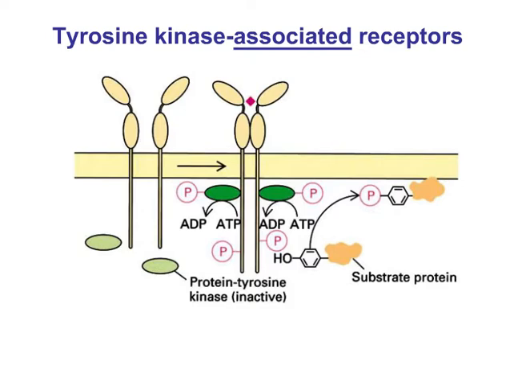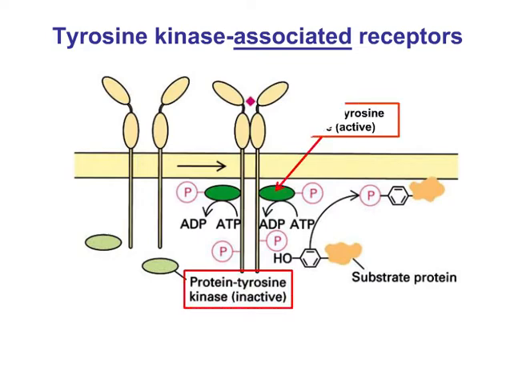Most cytokines signal through cell surface receptors that lack an intrinsic kinase activity, but upon binding of the cytokine, they recruit an intracellular tyrosine kinase and activate it, which can then phosphorylate downstream substrate proteins to produce the cellular response.